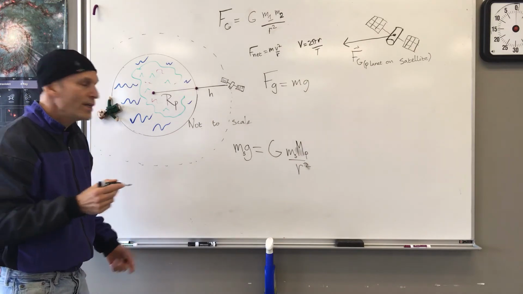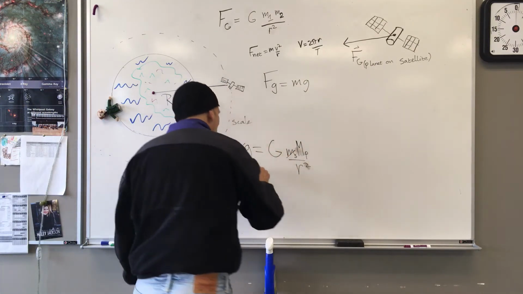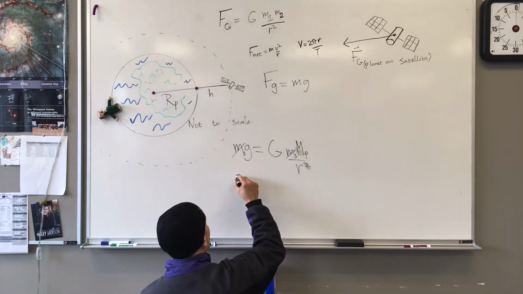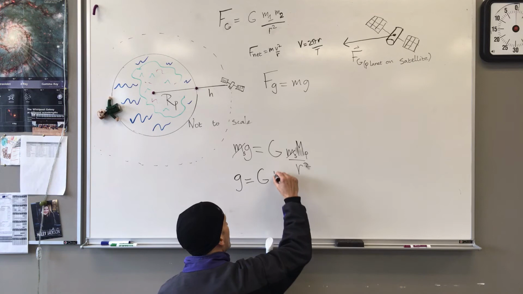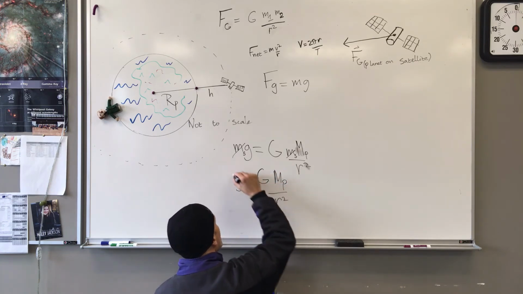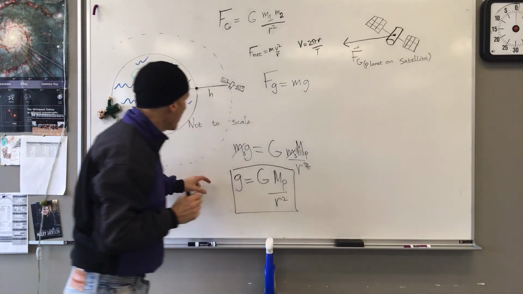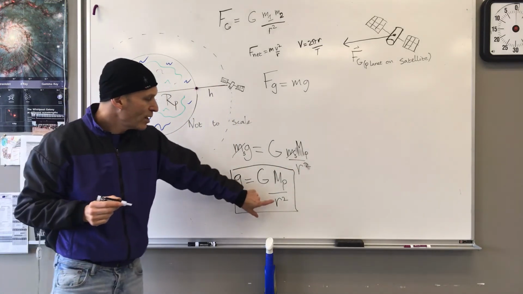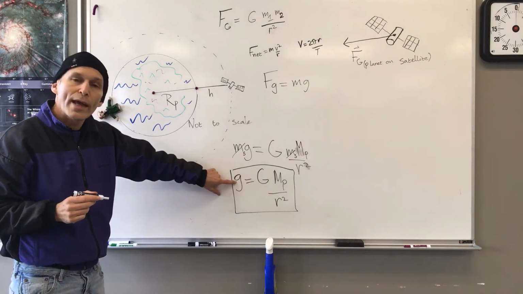Now you can see that mass of the satellite divides out, and we're left with our g constant is equal to capital G, constant of nature, mass of the planet over r squared. So this is true anywhere, any distance. If we calculated it at the surface using capital R_P for r squared, we should get 9.8.